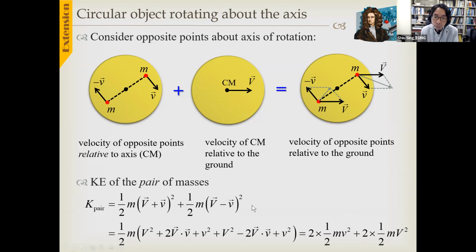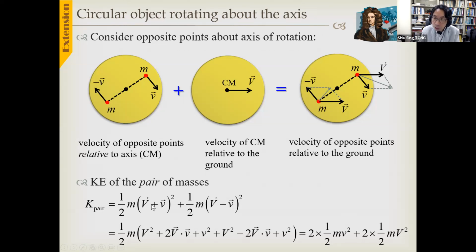And for the other particle, the rotational velocity becomes minus v, so the kinetic energy becomes half m (big V minus small v) squared. Again, by square, I mean forming a dot product of this vector with itself. Now I can expand this bracket.